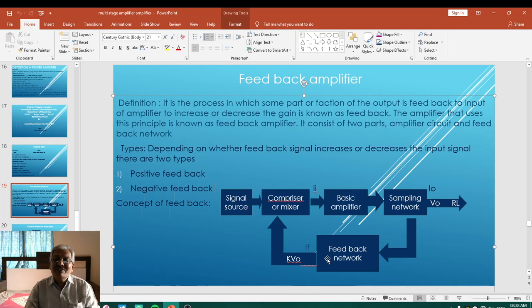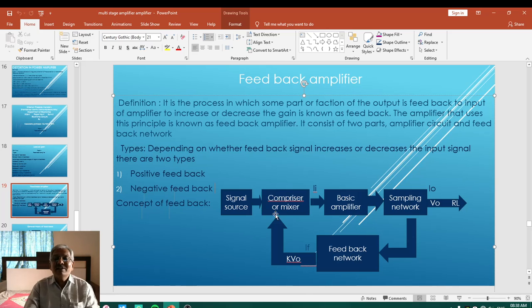The feedback network feeds this feedback signal to the comparator, where again the comparison or mixing process is done, and then it is given to the basic amplifier. It will amplify the particular signal. So that is the basic difference between with feedback and without feedback.